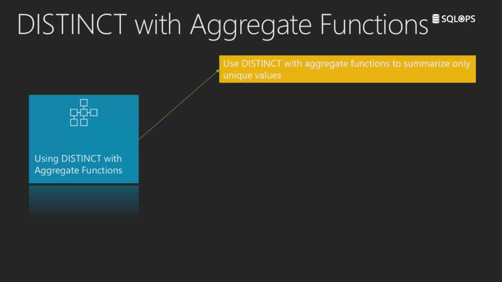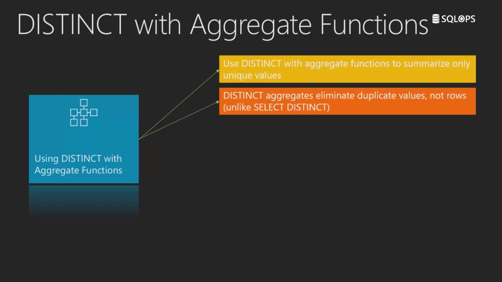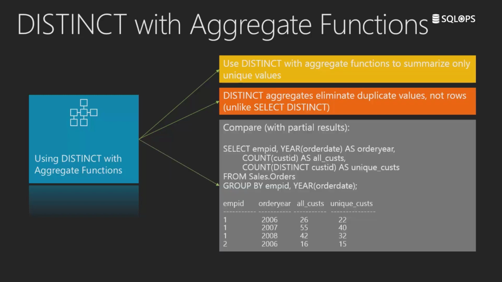This is useful when you wish to summarize unique occurrences of values such as customers in the orders table. When distinct is used in the select clause, it eliminates the whole rows, but when it is used in the aggregate function, it eliminates duplicate values. Let's take a look at a quick example.